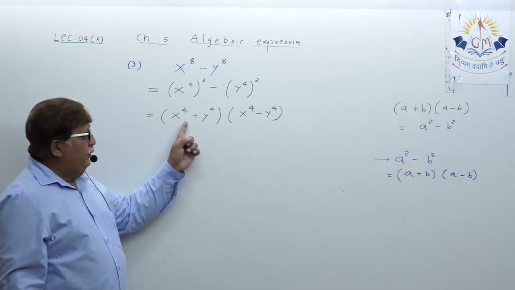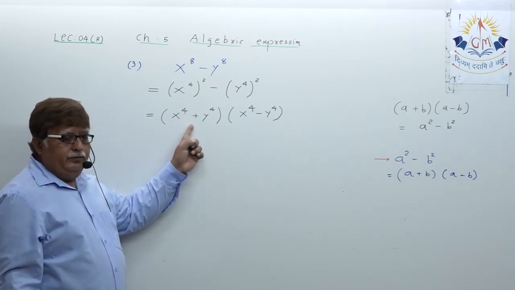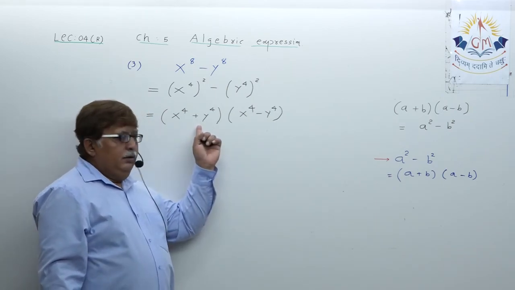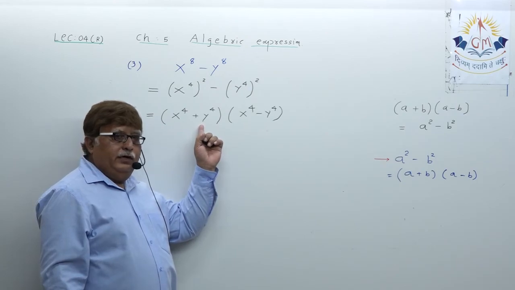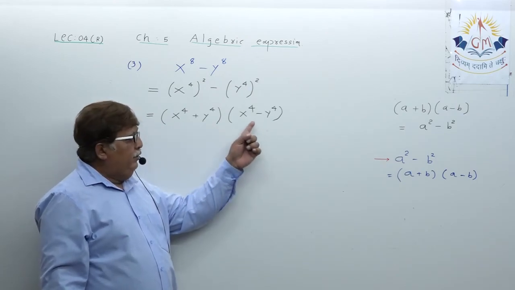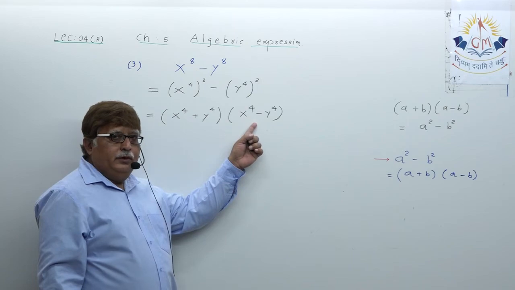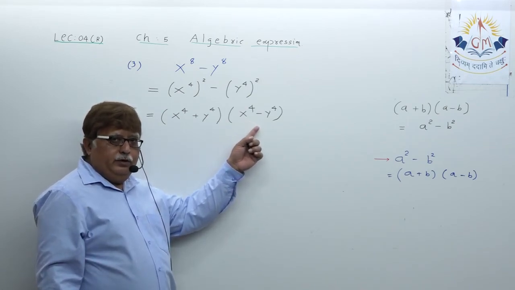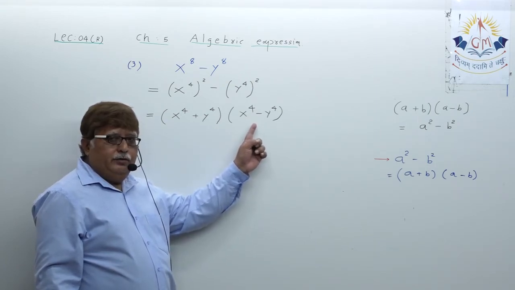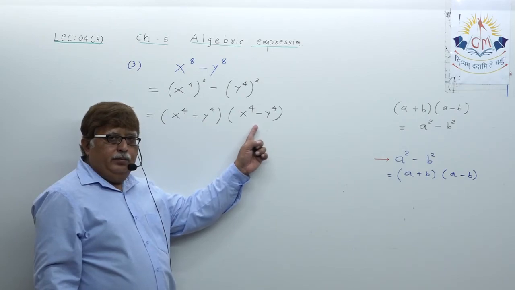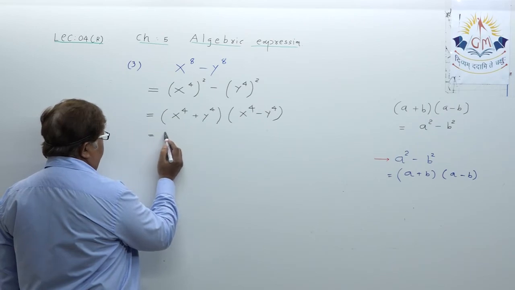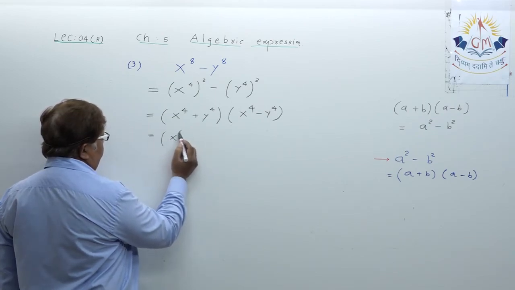Check the bracket. Here there is a positive sign, not sufficient for applying the identity. Two terms, negative sign, both perfect squares: the identity is applicable here. Let us do it. Keep this bracket as it is.